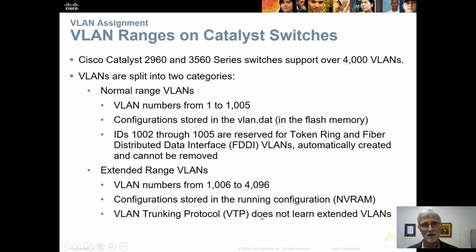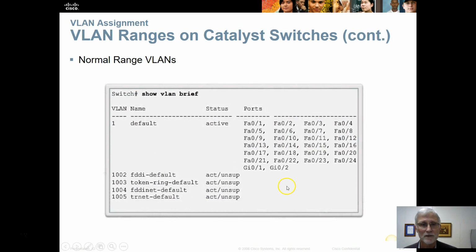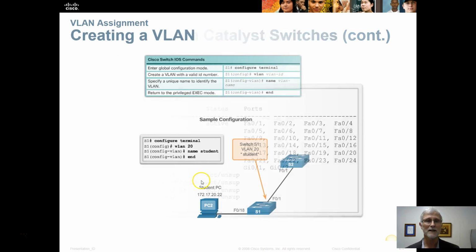So there's some differences as to where they're stored and who learns about them and who doesn't. As an administrator, you're going to have to decide: do I need to make sure that VTP knows about these VLANs or not? Here's an example of show VLAN brief, normal ranges, default VLAN 1, and here are the ones that are protected already.